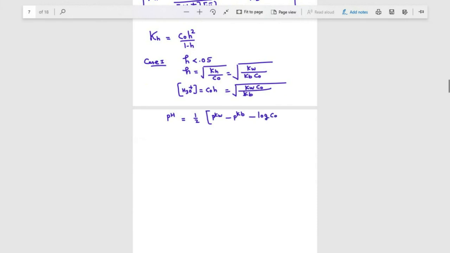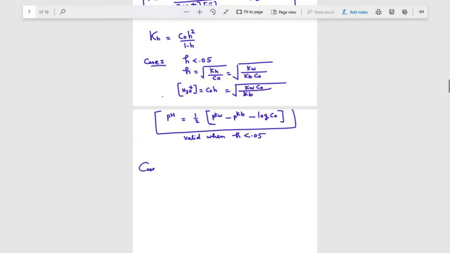So most of you remember this formula, but again I am saying that when JEE Advanced will ask this question, be careful about when this formula is valid. This is not always valid. Valid when h is less than 0.05, right?